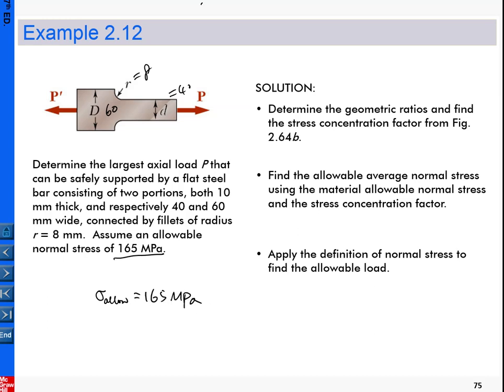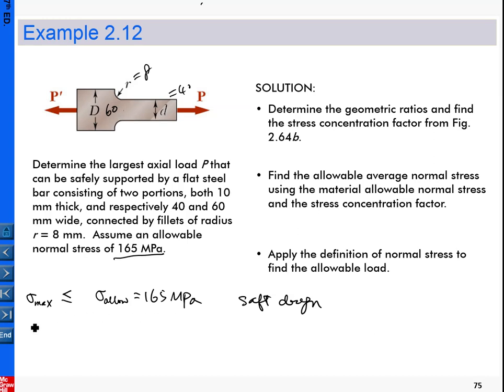If you remember, the allowable stress means the maximum stress in the material must be less than or equal to this value to make a safe design. That is the design criteria. Whatever maximum stress happens in this material must be under this allowable stress.